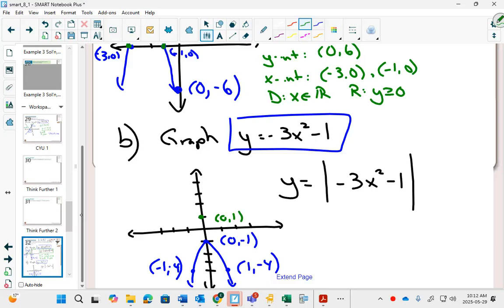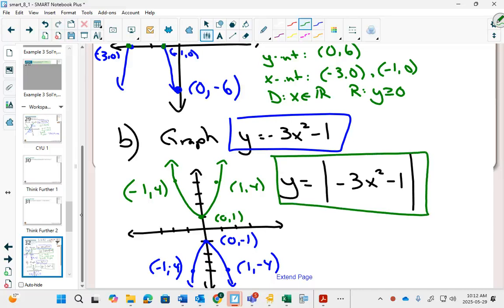And 1, negative 4 is at 1, positive 4. And negative 1, negative 4 is at negative 1, positive 4. So again, it's not the x values that become positive. It is the y values that become positive. And now this, in a green box, is the absolute value graph. Taking that whole graph and flipping it over.